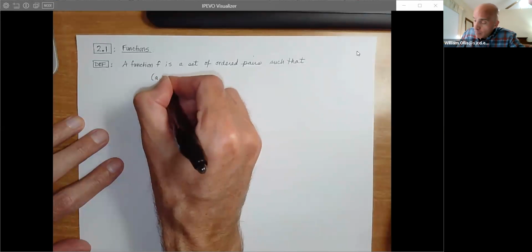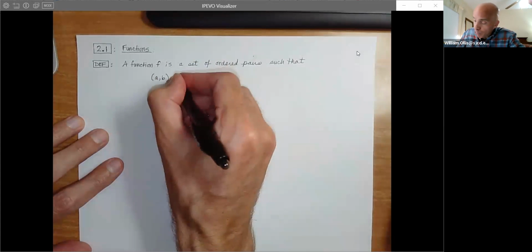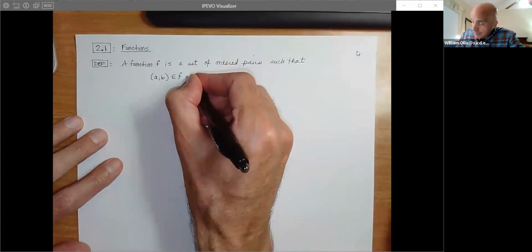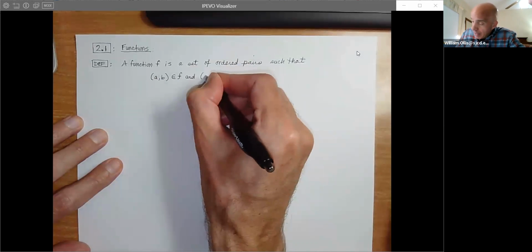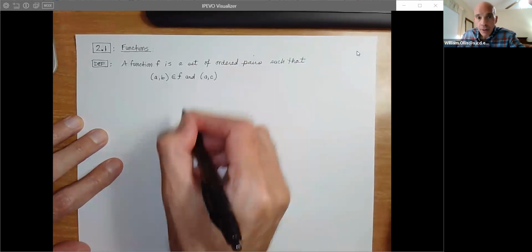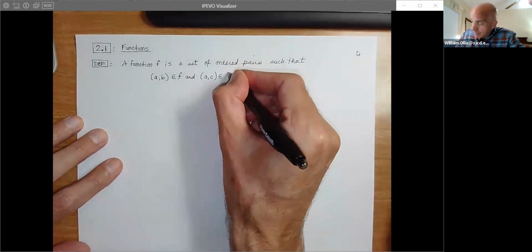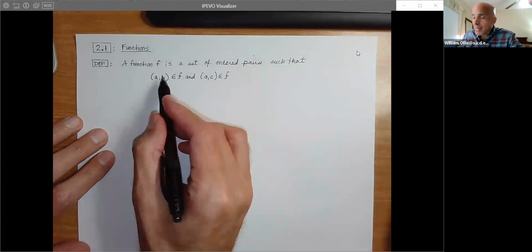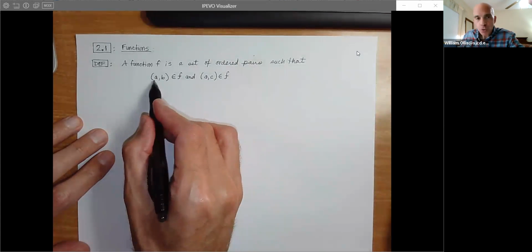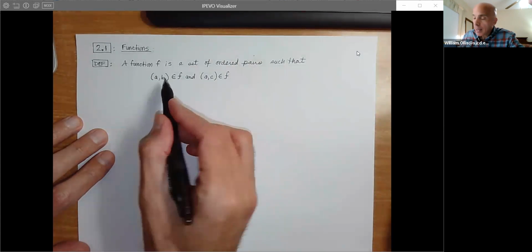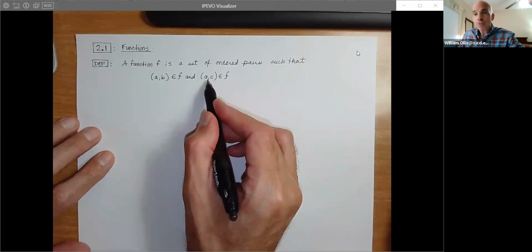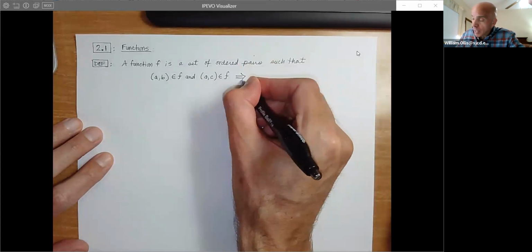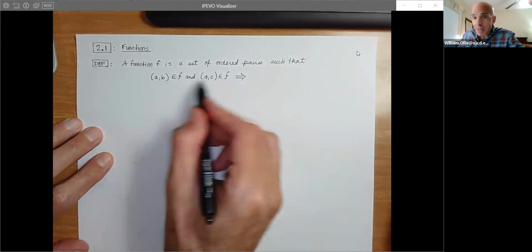If (A, B), an ordered pair, is an element of f, and if (A, C) were an element. If this is true, that is, we have an element of f that has first coordinate A and second coordinate B, and we have an element of f that has first coordinate A and second coordinate C, I think what this will tell you is that if this is indeed a function, B must equal C.